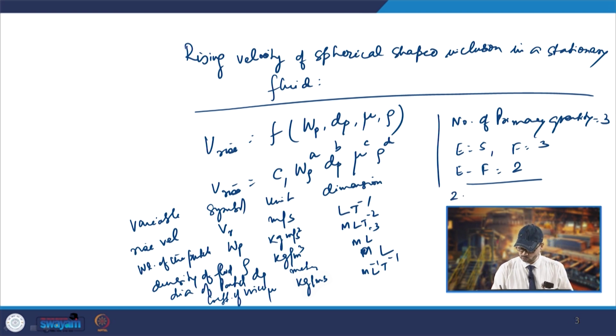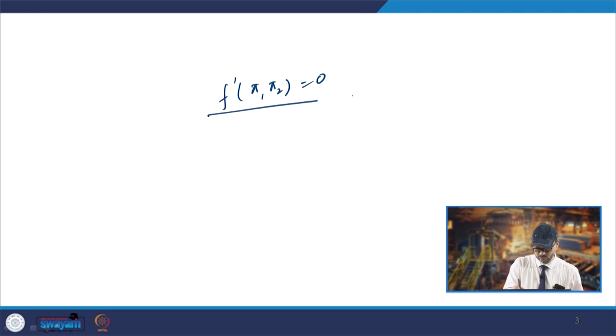So, you will have 2 independent pi groups, and that will be required for the representation in the dimensionless form. So, you can write f prime of pi 1, pi 2 equal to 0.